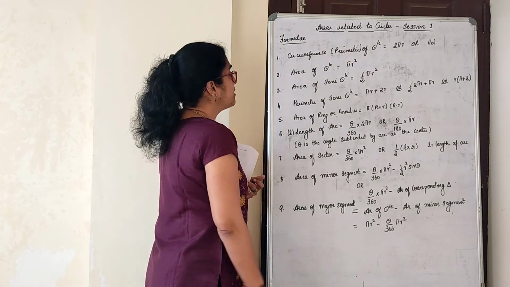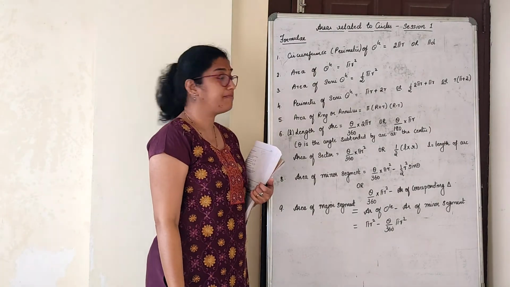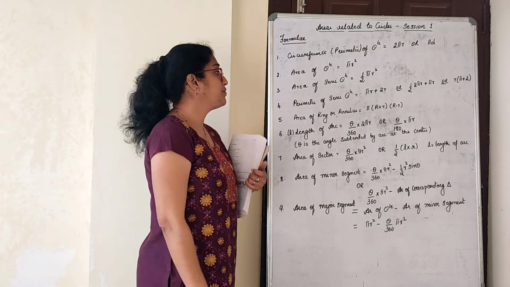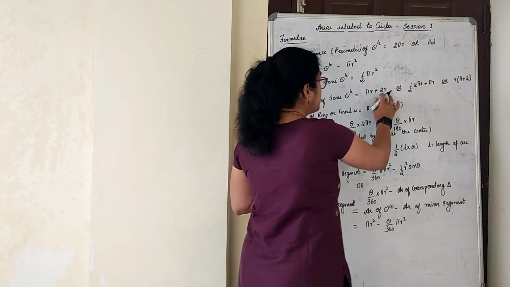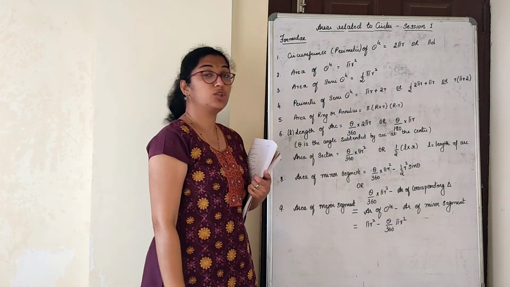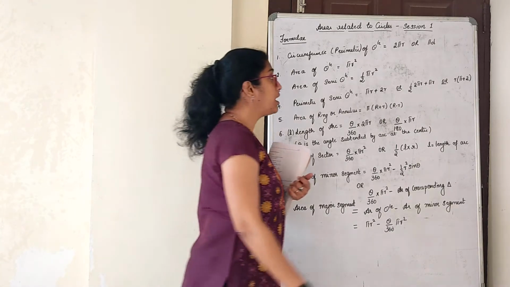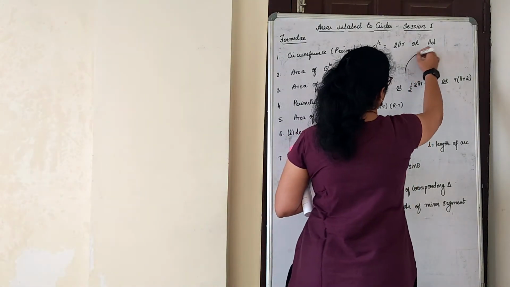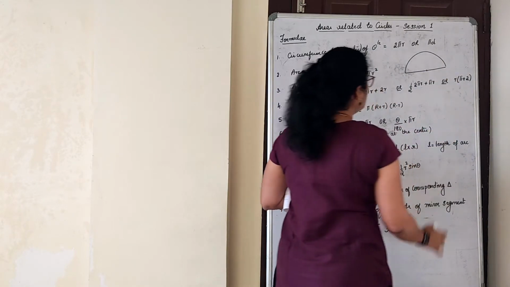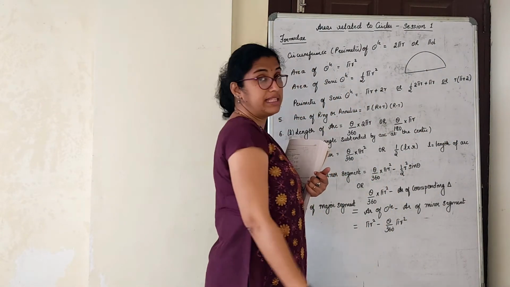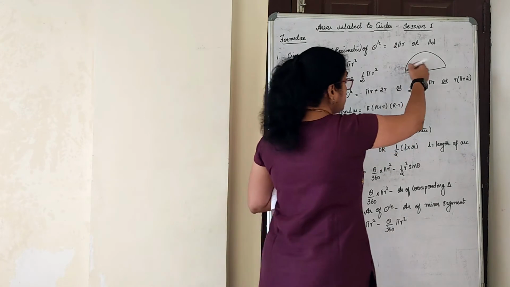Area of a circle is pi r square, area of a semicircle is half pi r square, and the perimeter of a semicircle. Now what is the perimeter of a semicircle? The perimeter of a semicircle is pi r plus 2r. Now what is this 2r here? If you remember, in standard 8 you had a question, what is the distance moved by the ant, right? In the mensuration chapter. That is simple.